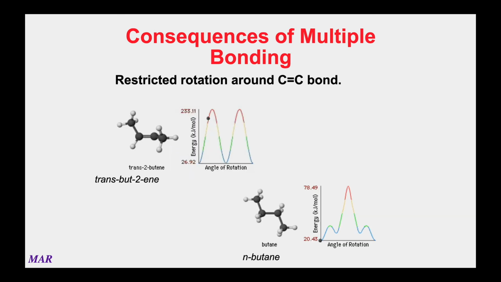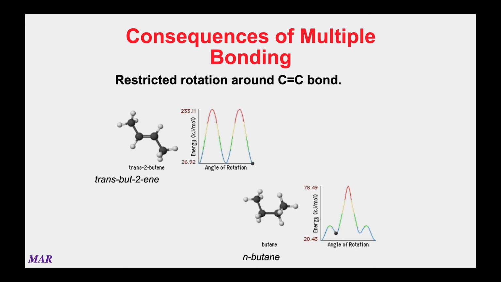The carbon-carbon double bond prevents the ends of the 2-butene molecule from rotating freely relative to each other. As one end rotates, the energy of the molecule increases greatly because the carbon-carbon pi bond must be effectively broken. That is, there is a large energy barrier to rotation around the carbon-carbon double bond.